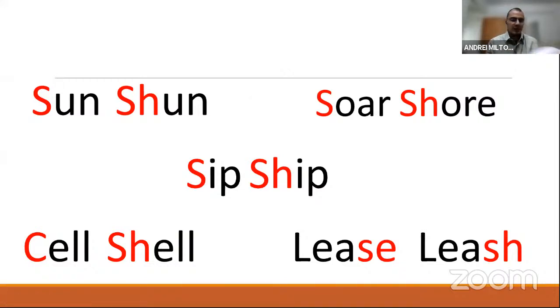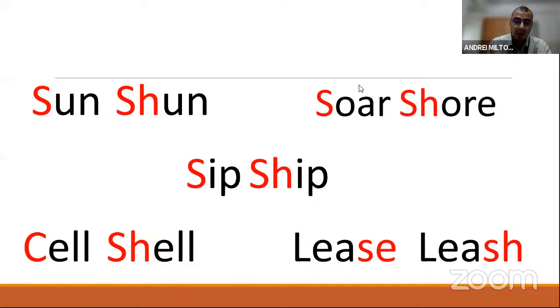Write down which sound it is. Which one is? Can you show me? It's a little blurry on my camera. So which one is it? Sun, shun, right? Next one is so, shore, right?